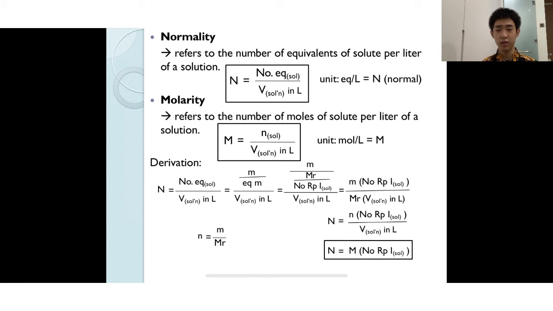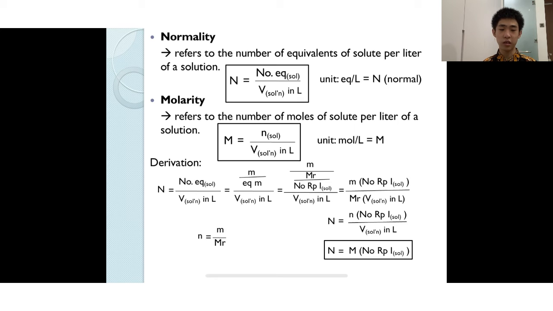Next is normality. It refers to the number of equivalents of solute per liter of a solution. Normality equals number of equivalents over the volume of the solution.